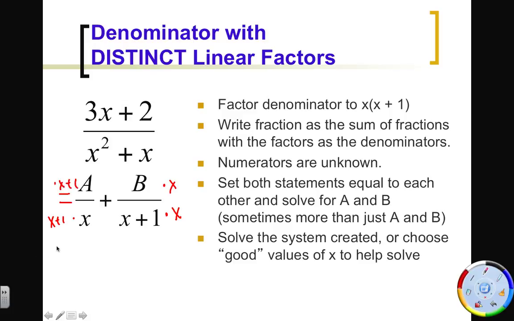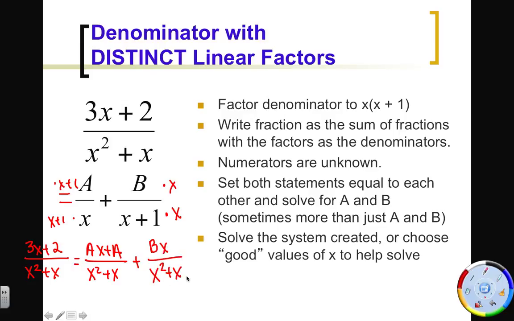Then I'm going to get 3x plus 2 over x squared plus x equals A times x plus 1, so I get Ax plus A over x squared plus x, which is the new denominator here, plus Bx over x squared plus x.